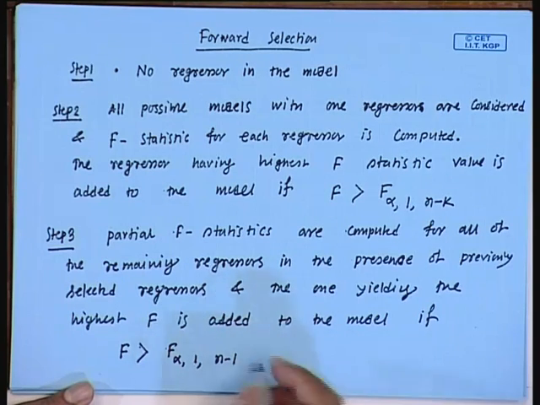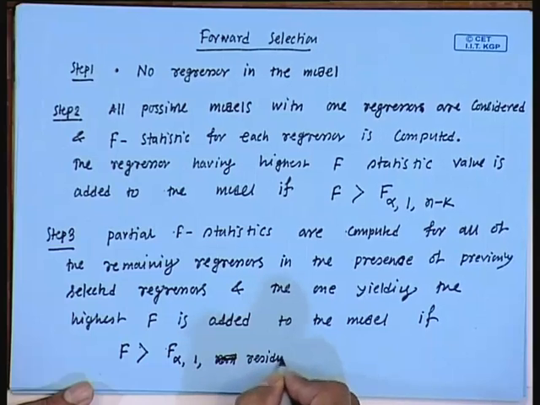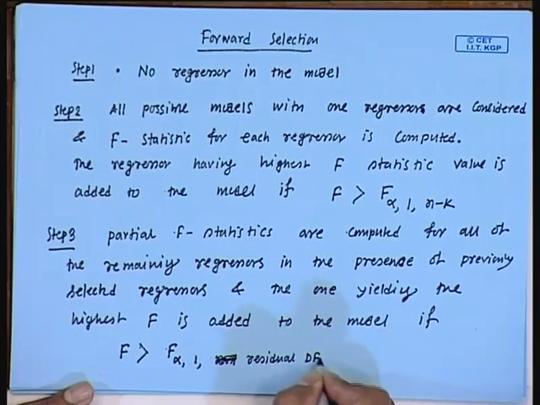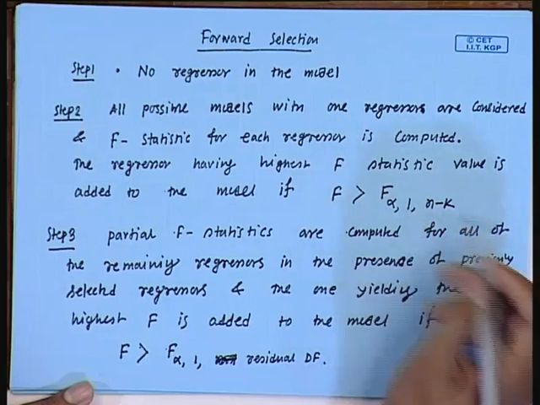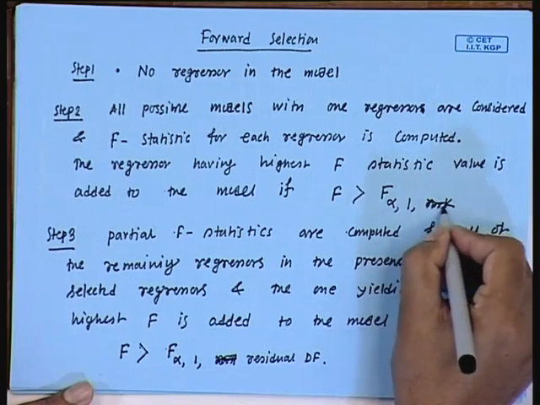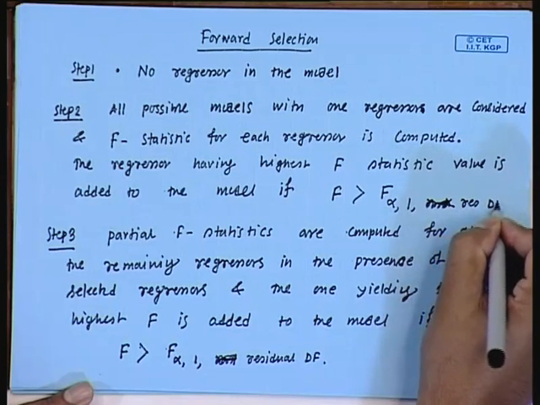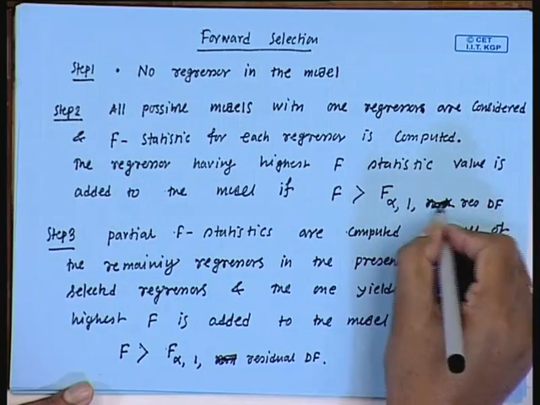I should not say n minus k, I should write residual degree of freedom. Okay.